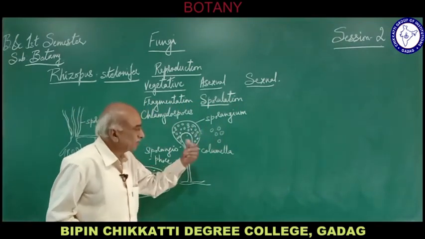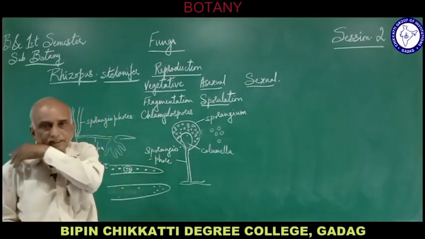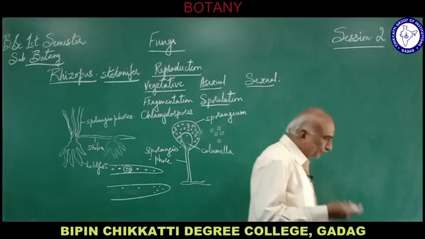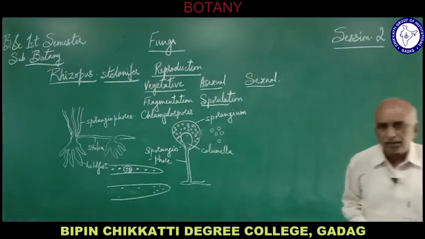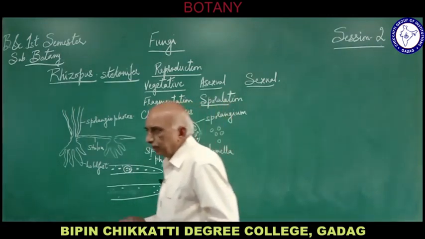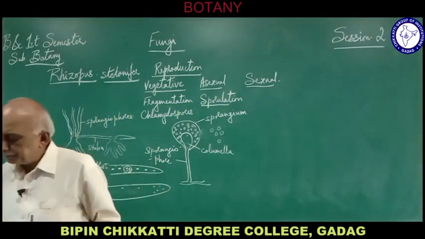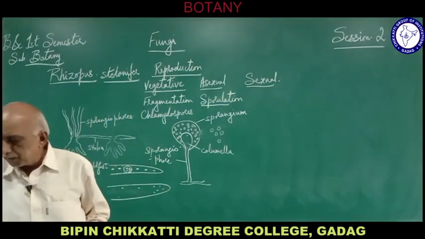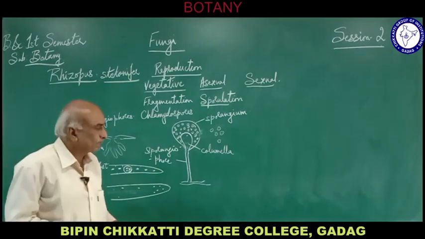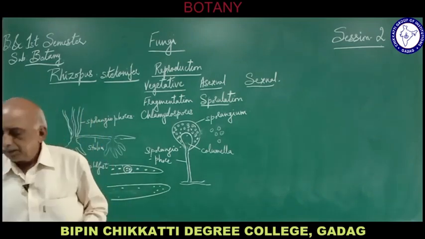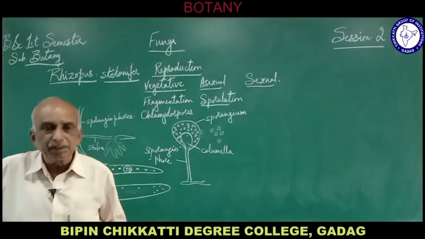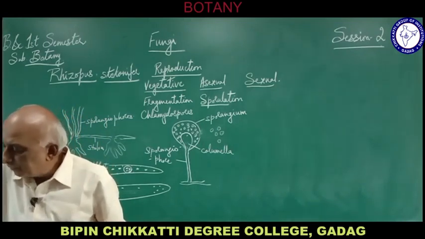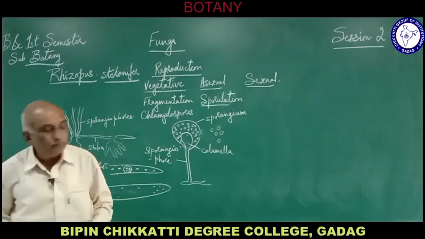These sporangiospores are released, and they are carried in different directions by the wind, or even by water. And when they fall on a suitable medium, the spores produce a kind of tube-like structure. But actually the spore germination takes place under three favorable conditions. Three favorable conditions are necessary for the germination.